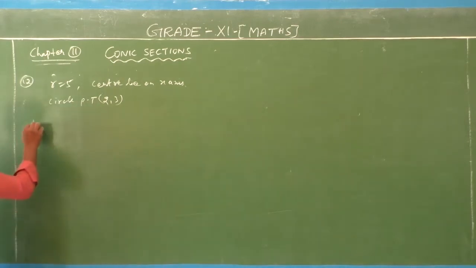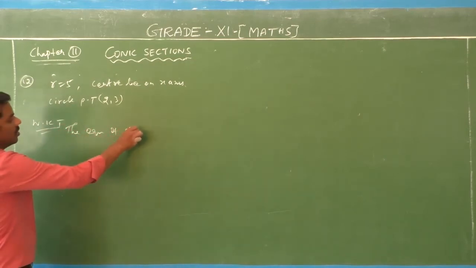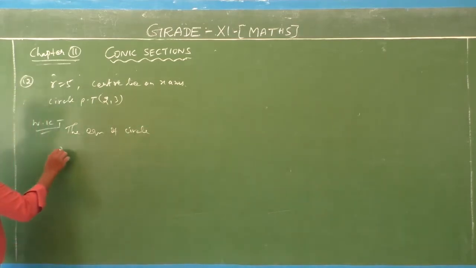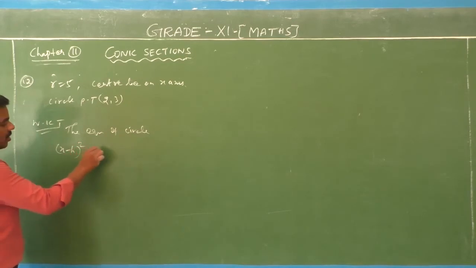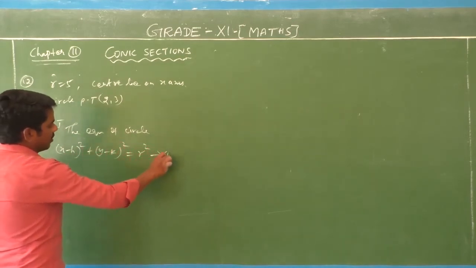Right. We know the general equation of a circle whose center is (h, k) and radius is r: (x minus h) the whole square plus (y minus k) the whole square equals r square. This is equation number 1.